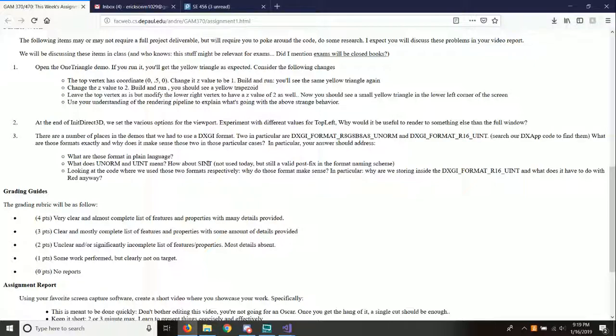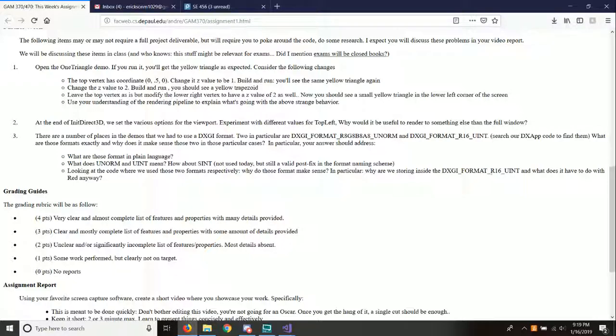The signed integer, or the SInt, will allow you to have negative values. Basically, it's going to go from negative 2 to the n divided by 2 in the negative area to 2 to the n divided by 2 minus 1 in the positive.